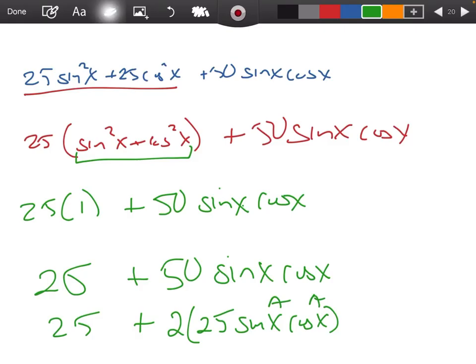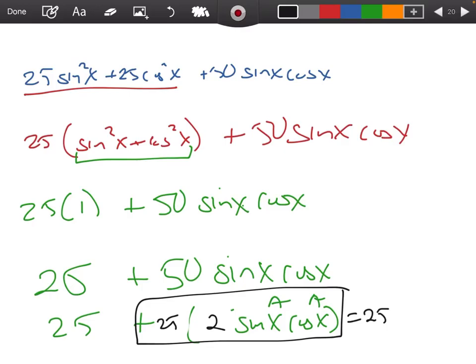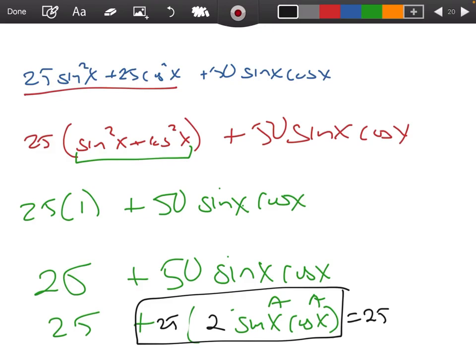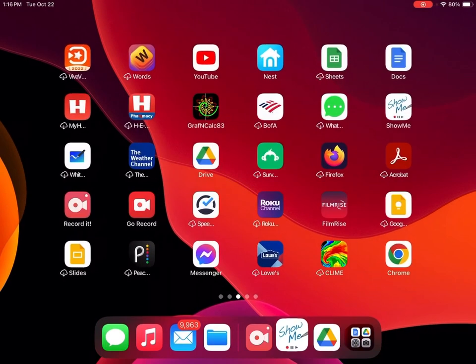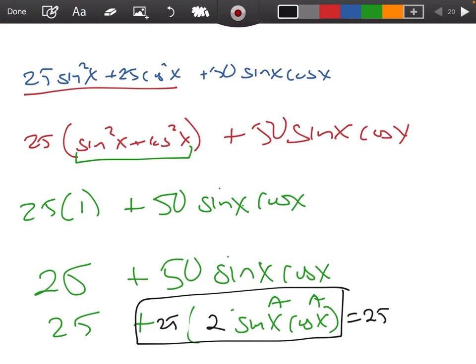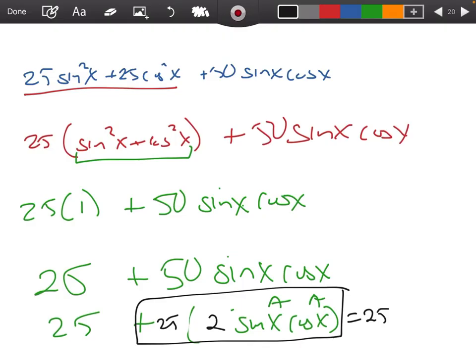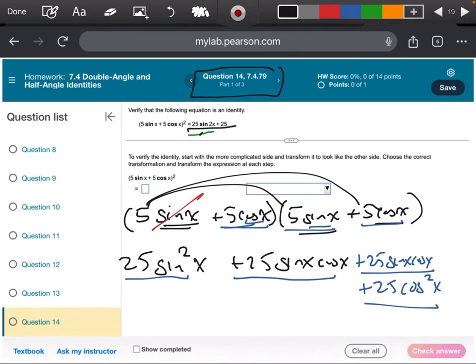Why don't we rewrite it this way? Why don't we put our 25 first and our 2 right here? Because now we can say this is going to be 25. This right here, y'all, should be sine of 2 times a. There we go. That's going to be sine of 2x, right? So 25 sine 2x, which is exactly what we got there, right?